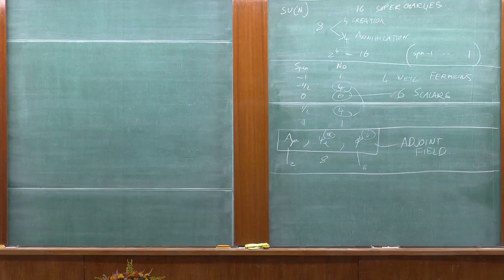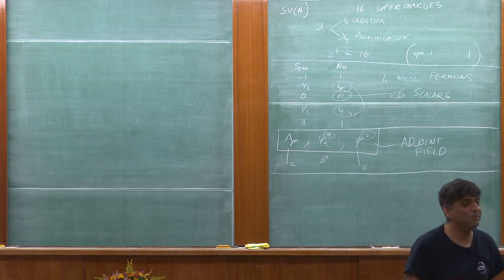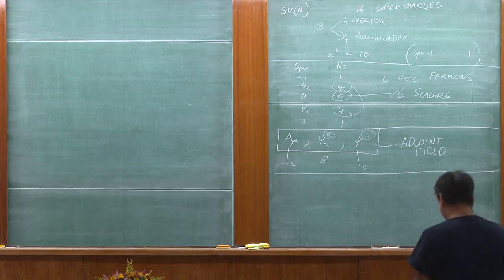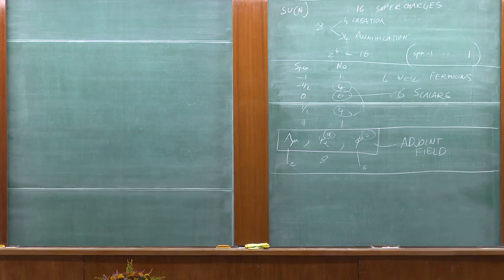Oh, you mean the one loop beta function, of course, vanishes. And if you use the fact that in N equals 2 or higher theories, the one loop beta function is exact, you can do that argument. However, you may worry that there is a non-perturbative beta function, whatever that means. But yeah, even more, you see, in N equals 2 theories, you cannot write a superpotential. And yet there is a non-trivial beta function.